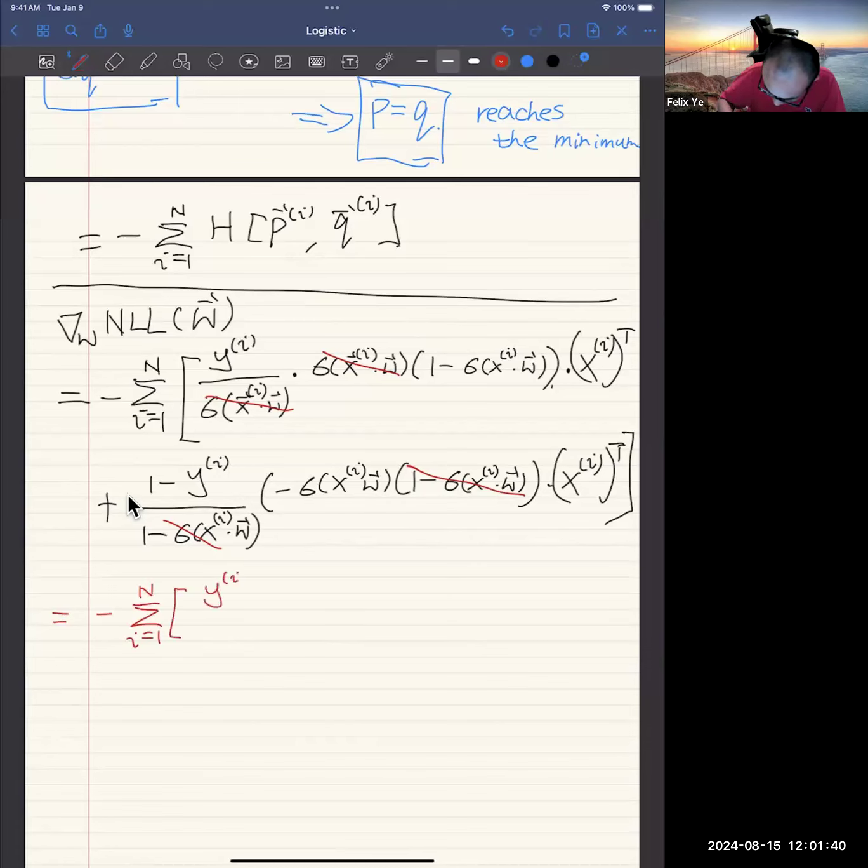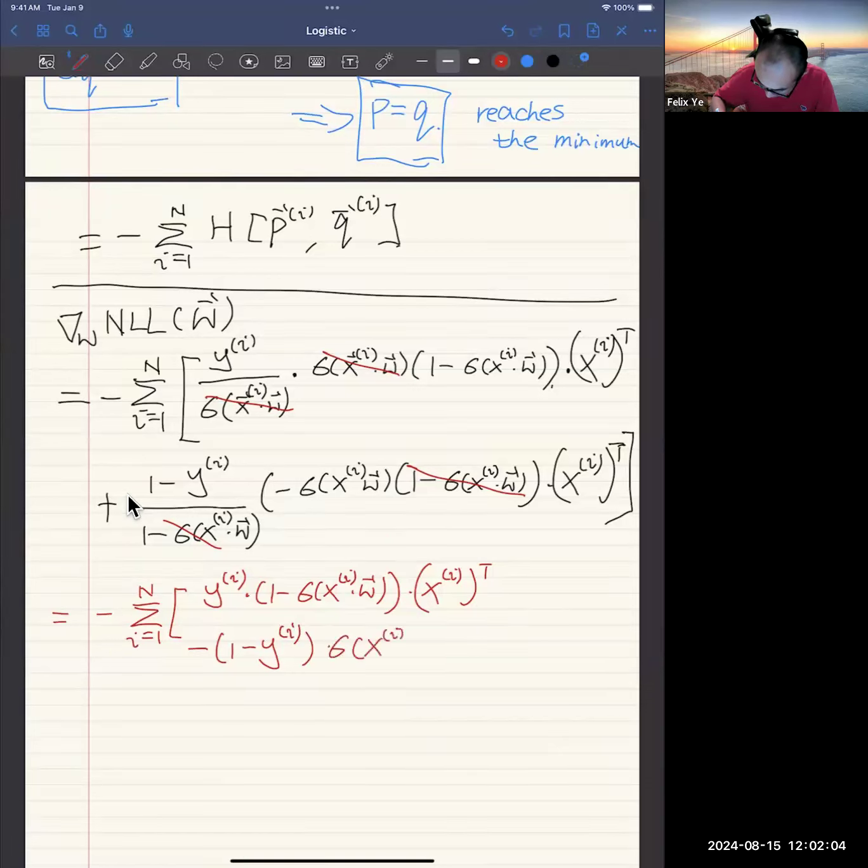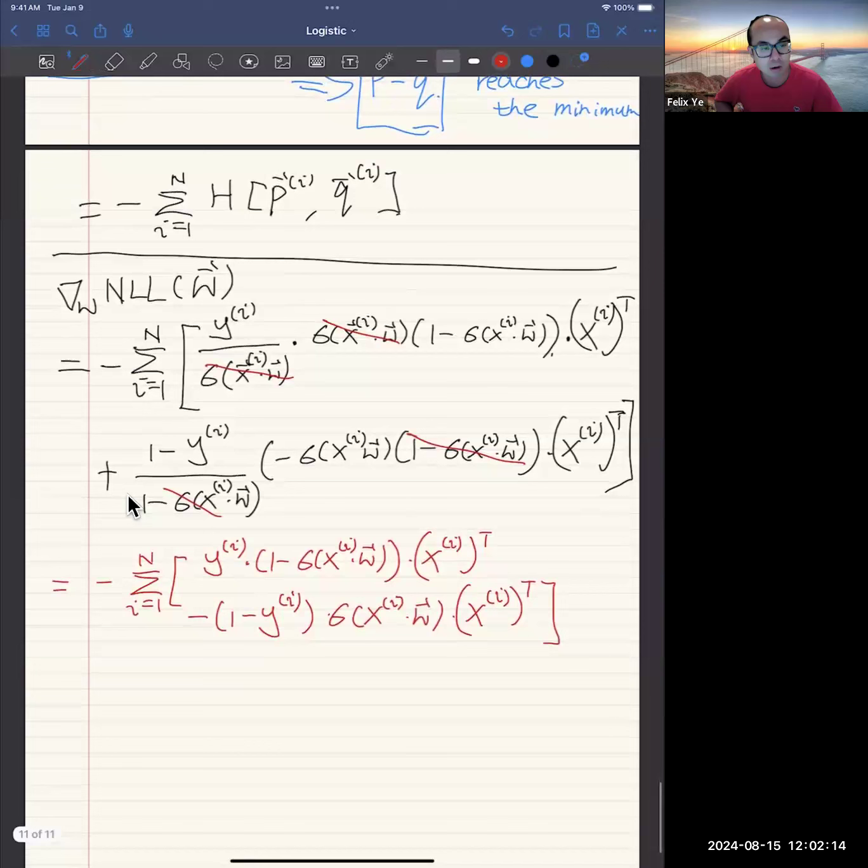It's yi multiplied by 1 minus sigma of xi w, times xi transpose, minus 1 minus yi times sigma of xi w, then xi transpose. Okay, so I believe that's correct.